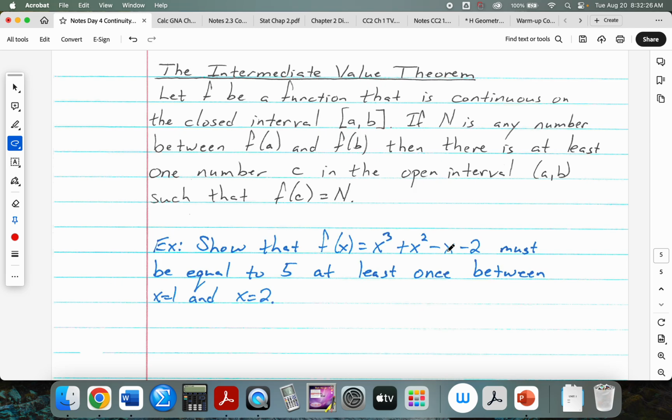Now, a super important idea. One that you probably already intuitively understand is the intermediate value theorem. So before we jump into what it says, I'm going to give you two examples that I think will explain the intermediate value theorem pretty well to you.